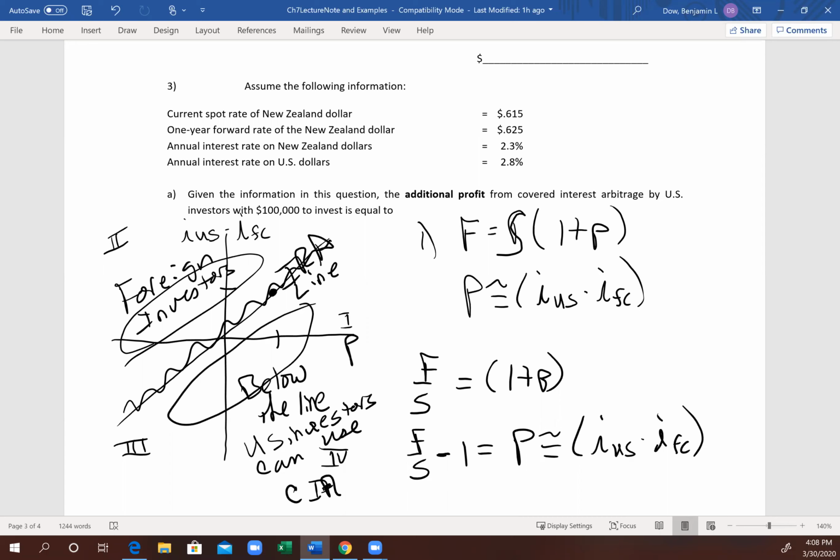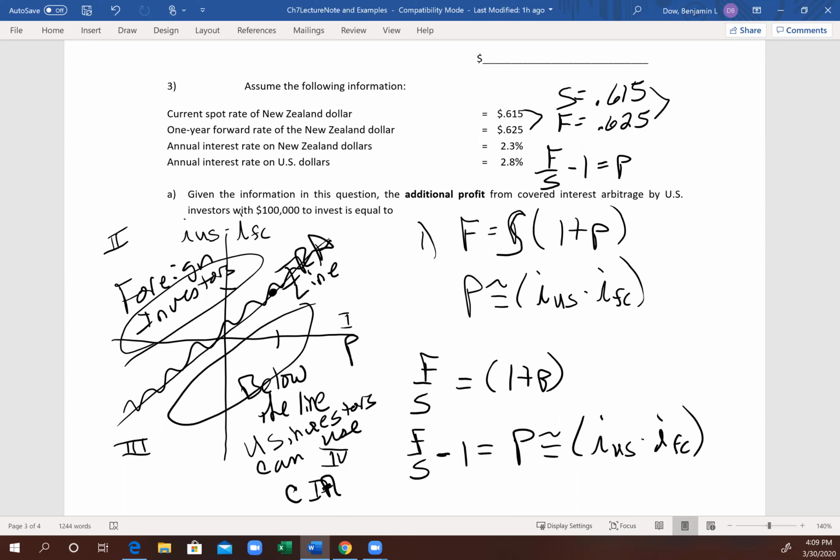So if you look up here, basically you can take these two rates. One's the spot rate, and one's the forward rate. And knowing that the forward rate divided by the spot rate minus 1 equals P, we can find P from these two numbers.